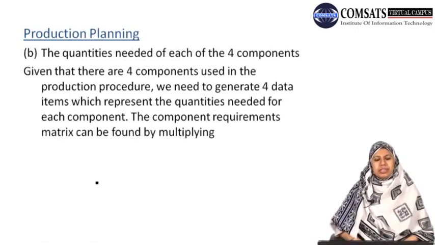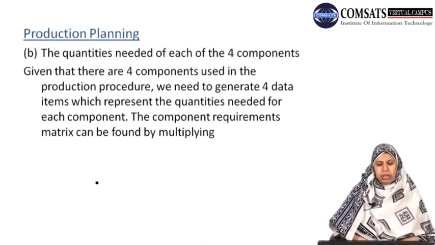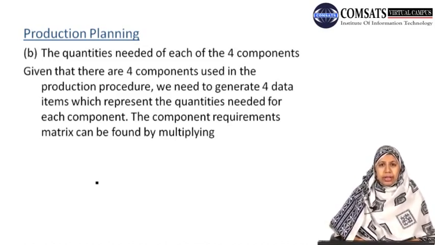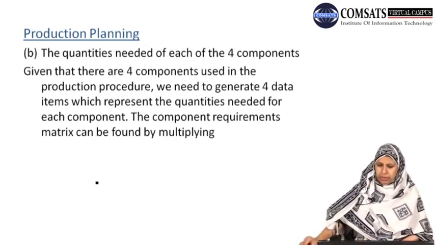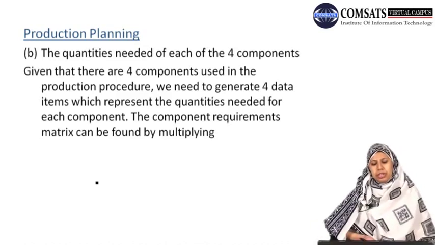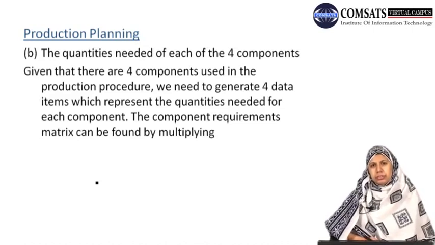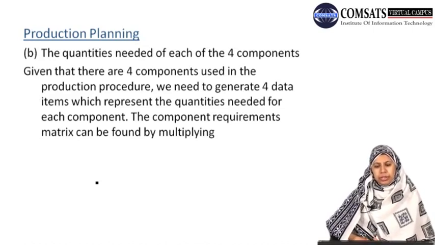So the second thing the company is interested in knowing is the quantities needed for each of the 4 components. Now, how can we find the number of units required for each of the 4 components?